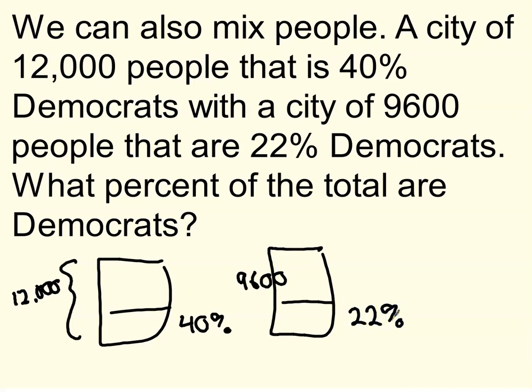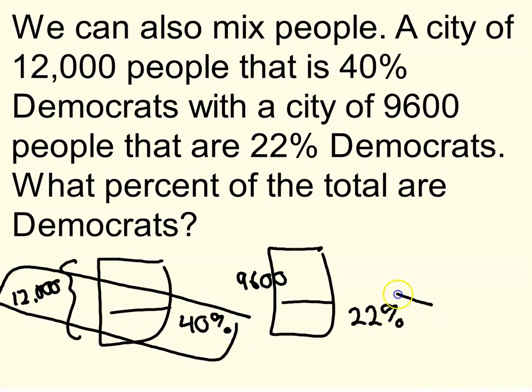So I hope you're getting the idea that basically what I have to do is calculate how many Democrats are there, how many Democrats are there, and add those together and divide by the total number of people.